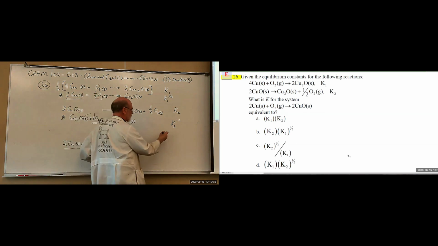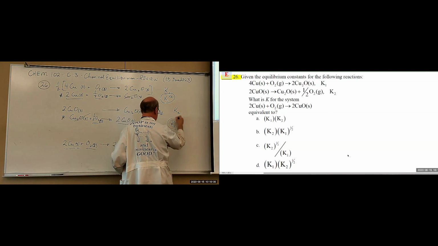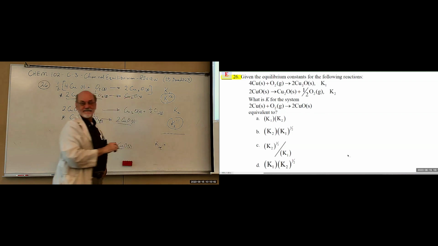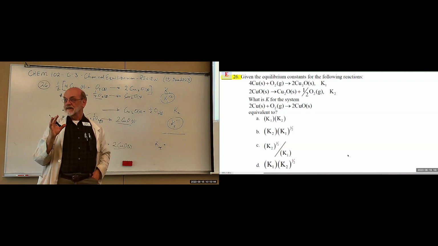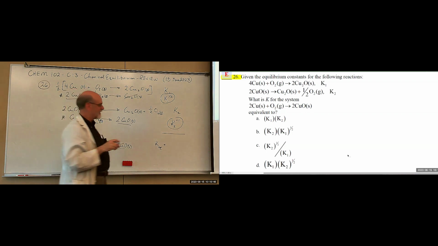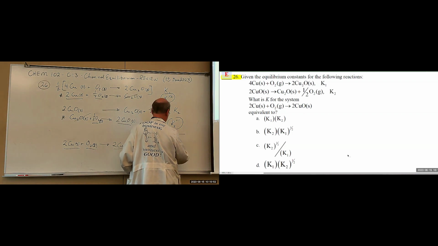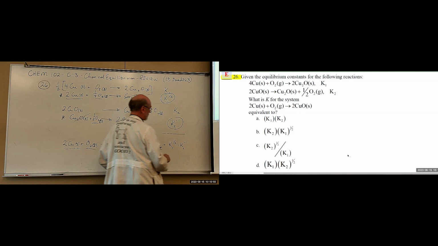So now what do we do with this one and this one to get the KEQ for our new equation? What do you do to the K's? Multiply them. So we've got K1 to the 1/2 times K2 to the -1.